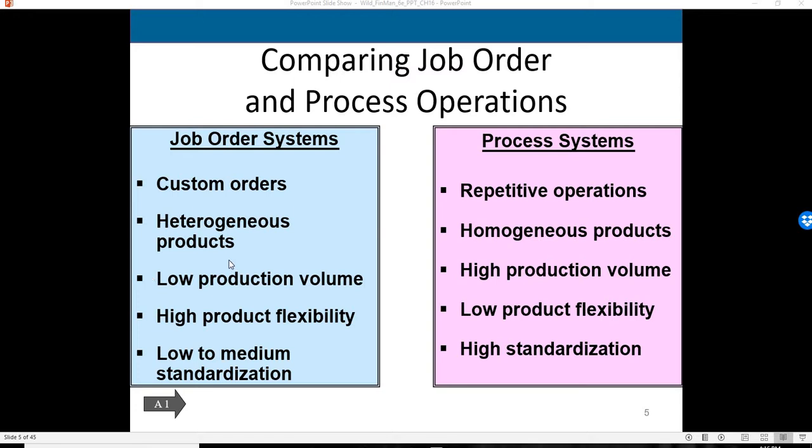That's usually low production, lots of customization, lots of flexibility. One of the examples we used was a car repair shop, where every car that comes in gets a very custom repair.